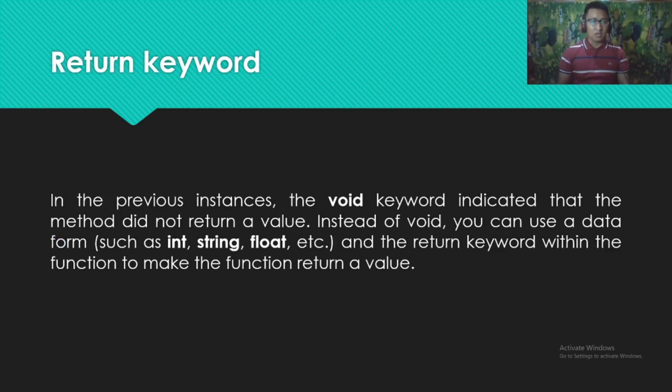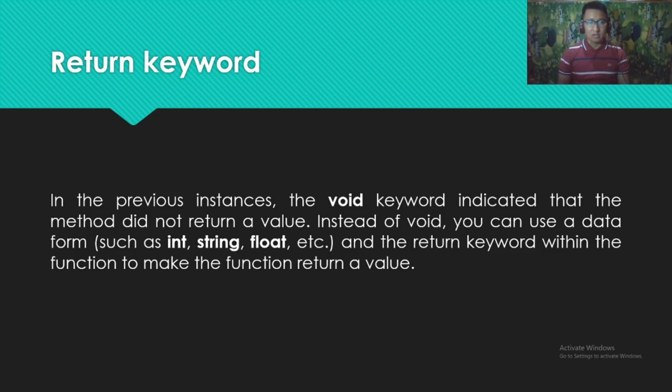So the return keyword is what we are going to use to return a value to the main function. In the previous discussion, the void keyword indicated that the method did not return a value.